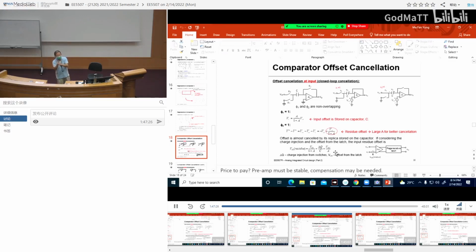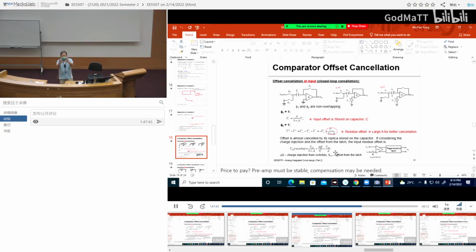In simulation, because your devices have mismatch, it will cause offset in the op amp, whatever. And how do you simulate this? Have you all done this before? Okay, so basically, it's quite interesting.